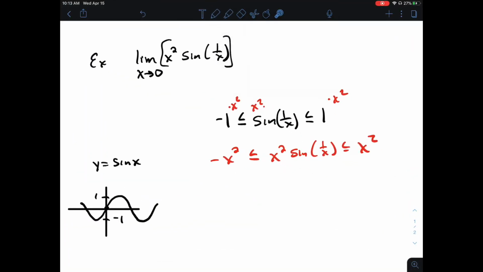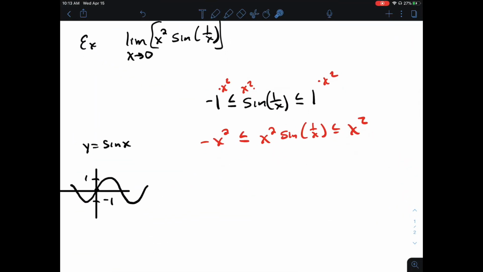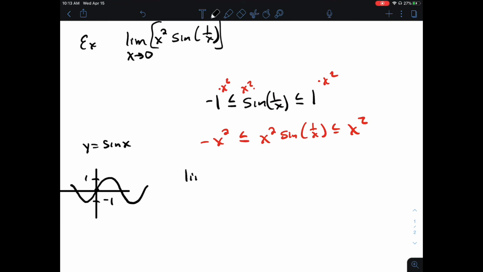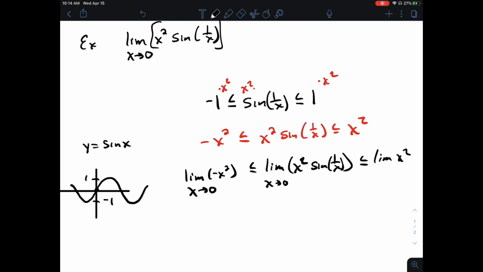So at this point, let's try to find the limit of each of these and see what happens. On the left, we find the limit of negative x squared as x approaches 0. In the middle, we don't know how to find this limit. If we did, we wouldn't be using the squeeze theorem. And on the right, we have the limit of x squared as x approaches 0.